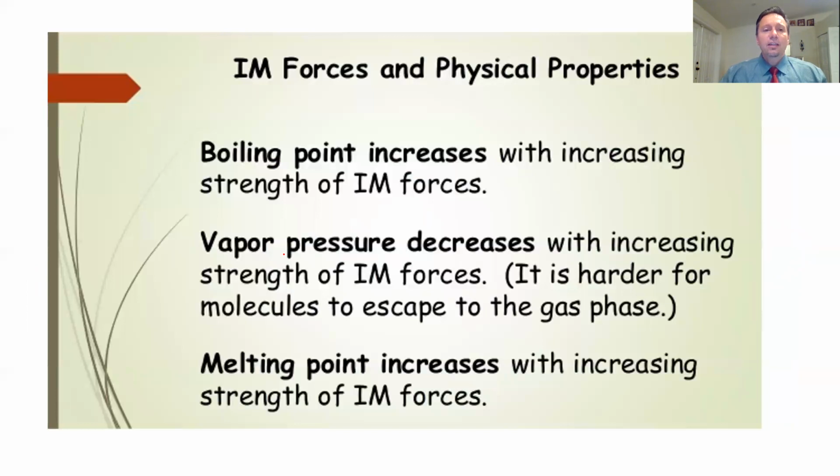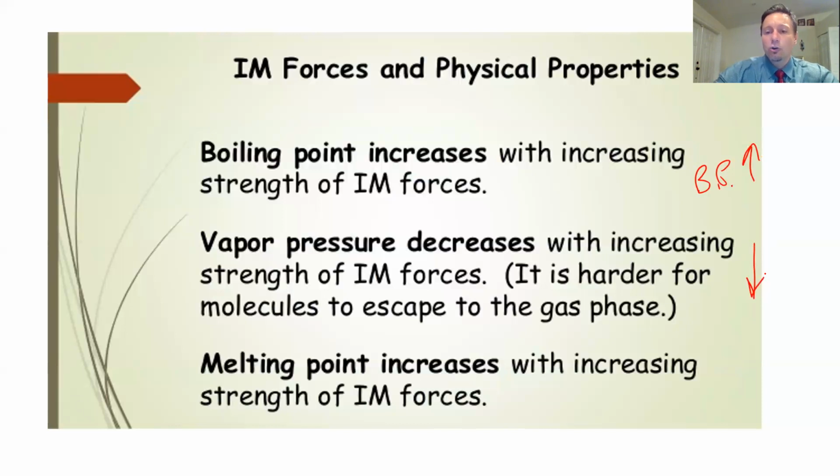All right, so now let's look at intermolecular forces and physical properties. The boiling point increases with increase in the strength of the intermolecular forces. So if you have strong attraction, that means your boiling point is going to be high. Vapor pressure, with increased strength, your vapor pressure is going to be low.